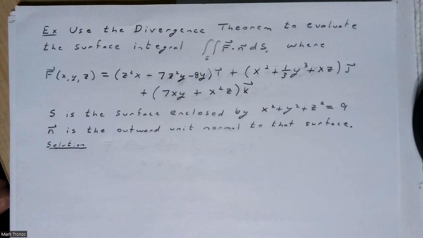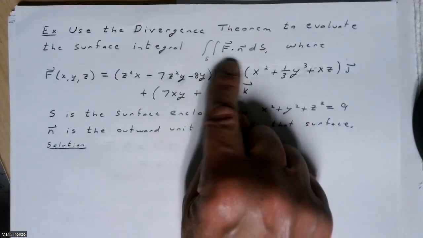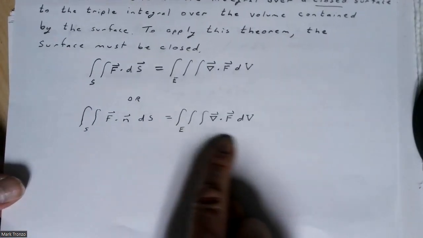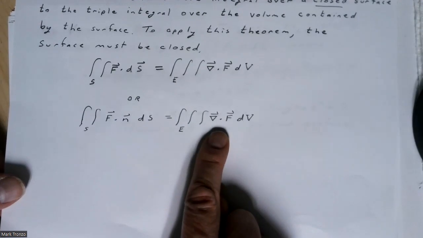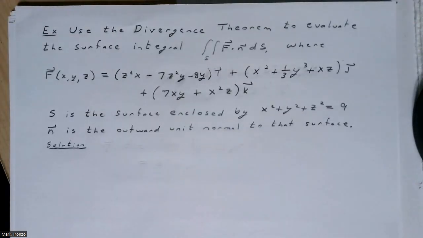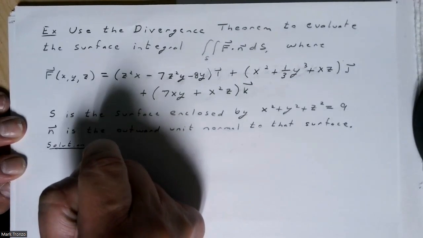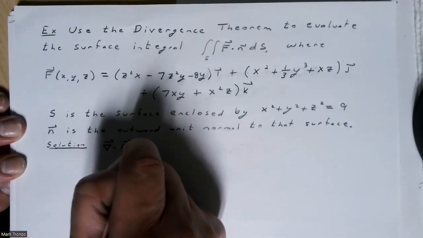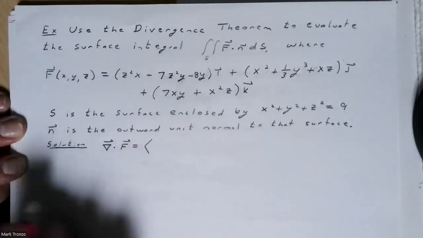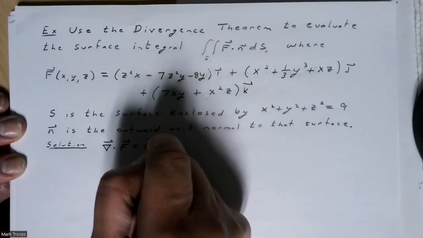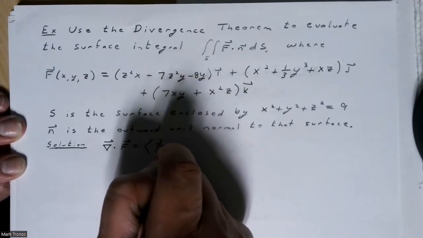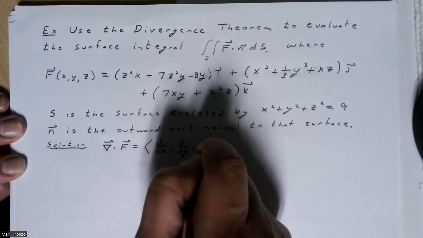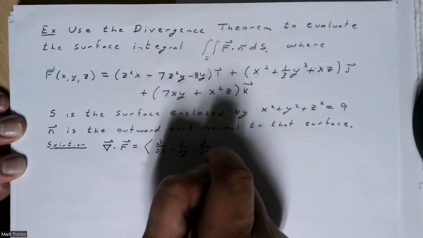And so we want to apply our theorem. So again, instead of doing this integral, we're going to do this. So we're going to need the divergence of F. So let's calculate that. And recall that this operator is represented by this.